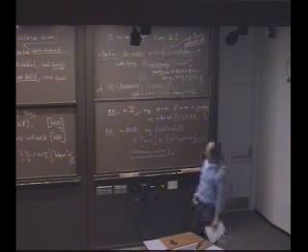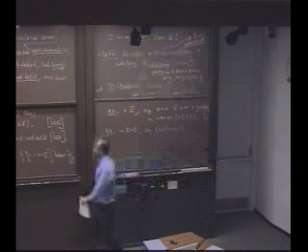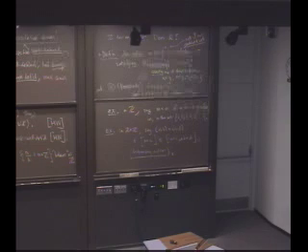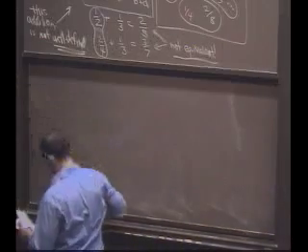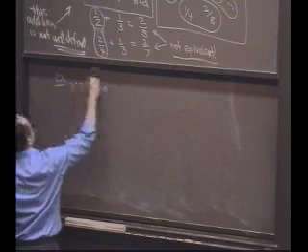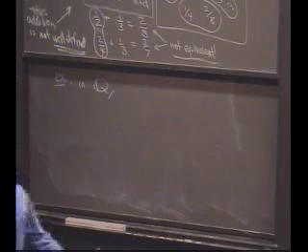Okay, good. What about Q then? What will we say about Q? How will I define an order on the rationals? Well, how about doing something very similar?